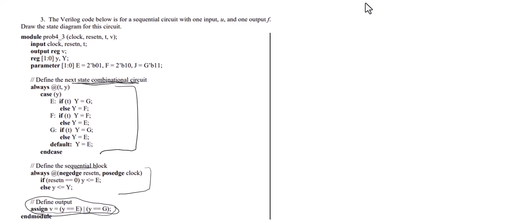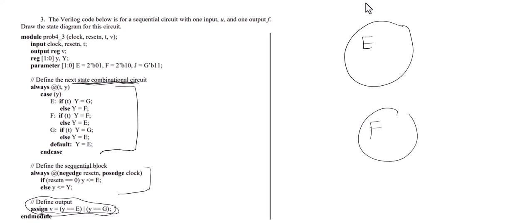We can tell from our Verilog that we have three states, E, F, and G. And since our output does not depend on the input, we can write our output on our states right here. The output V equals (Y equals E) or (Y equals G).